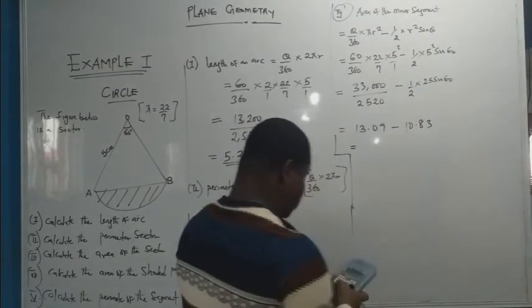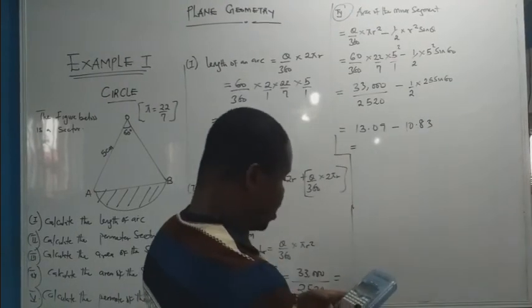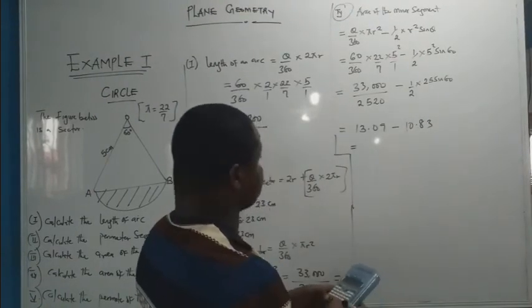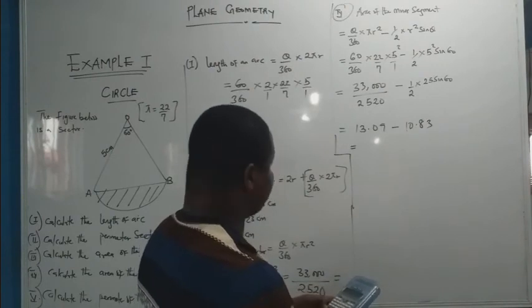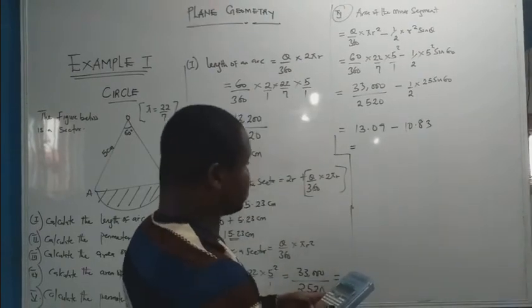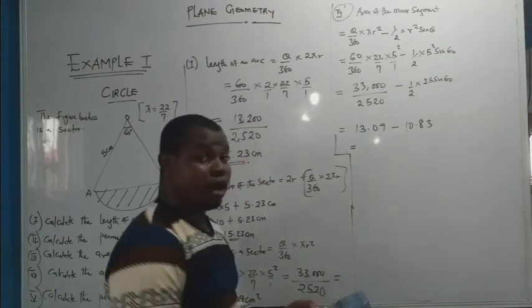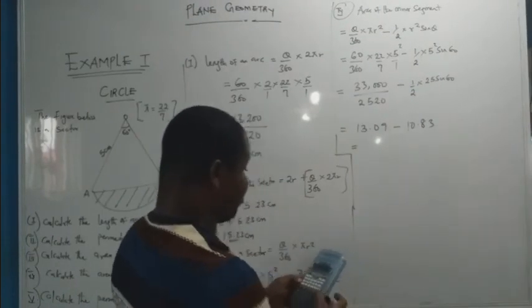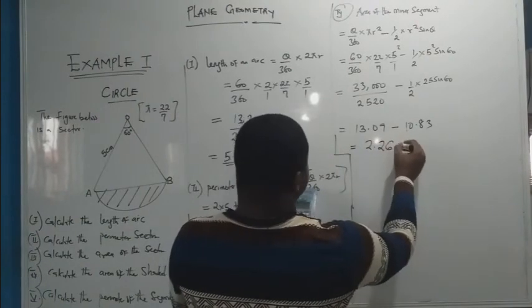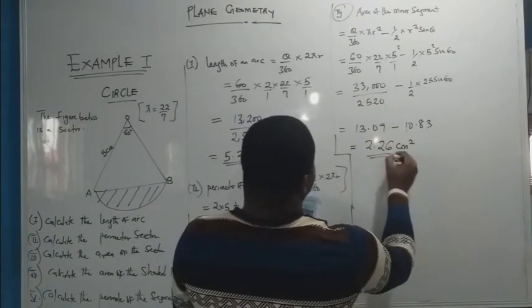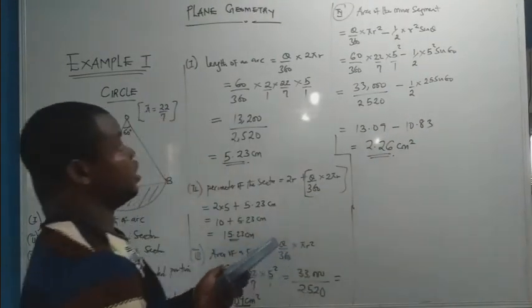So 13.09 minus 10.83, and what do you have? You have 2.26 centimeter square. So this is the value for the area of the minor segment.